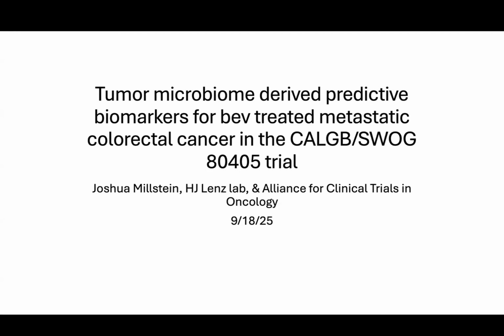And lately, we've been interested in the microbiome and its role in colorectal cancer progression and response to treatment. So we have access to a lot of different clinical trials. One of the largest, which is a phase 3 colorectal cancer clinical trial, focused on two specific therapies, bevacizumab and cetuximab, and then also the combination of bevacizumab and cetuximab.